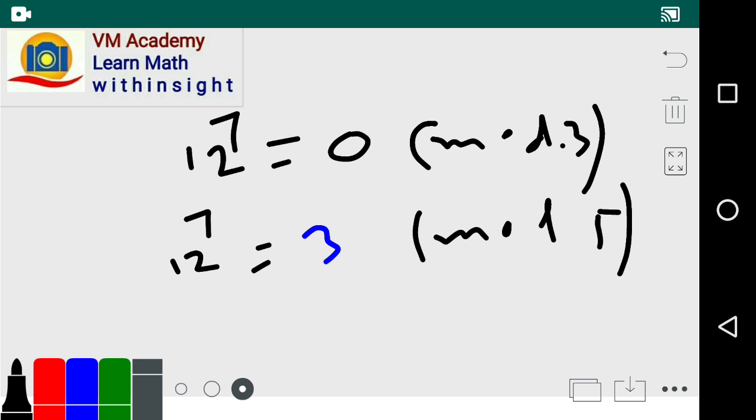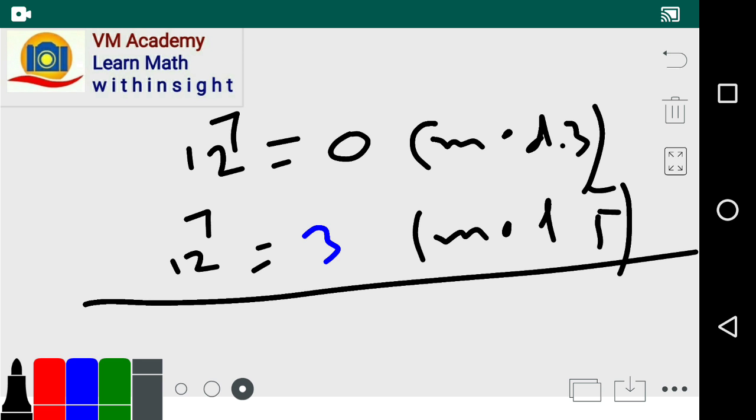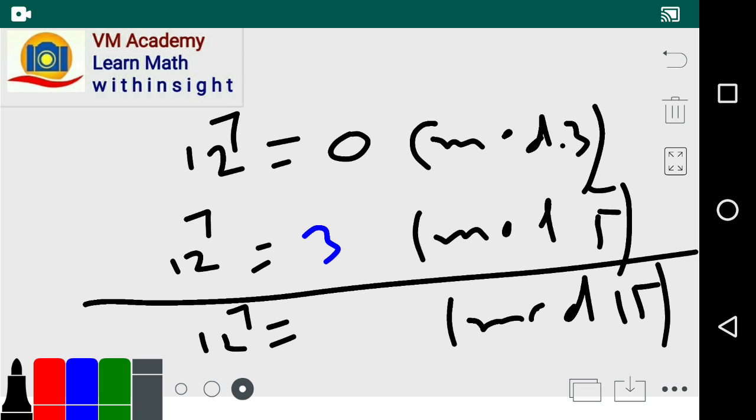Now 3 and 5 are pairwise coprime, so we can easily calculate 12 raised to 7 modulo 15. Now how? Say it is m.